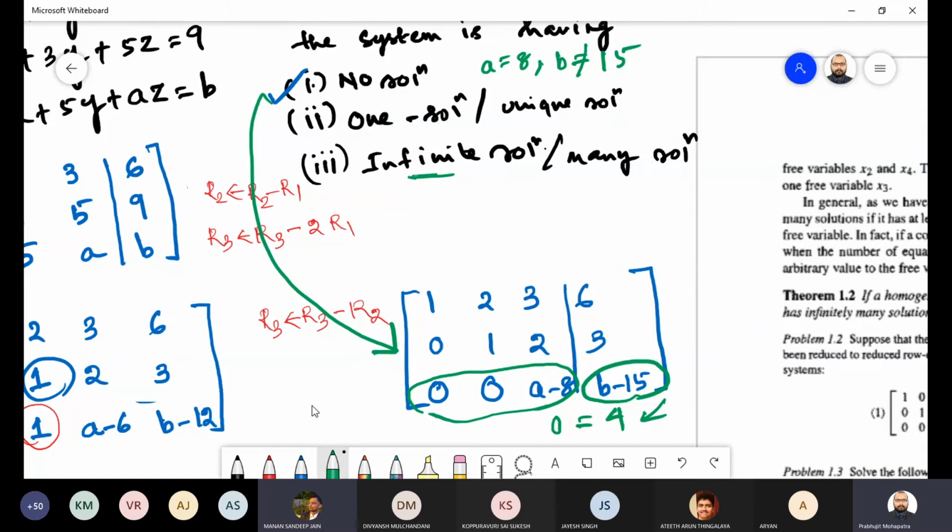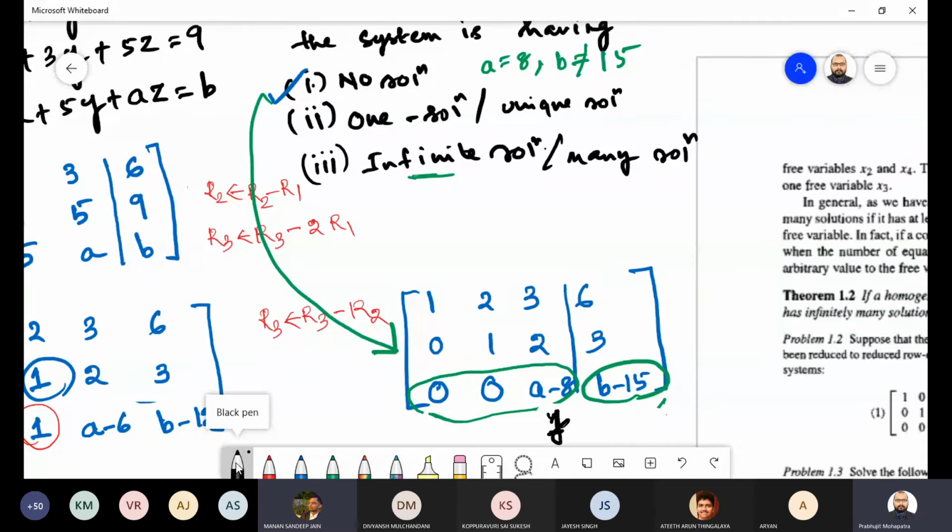Can we also write a not equal to 8 and b equal to 15? See, if a is not equal to 8, for example a is 9, then here you will have some 1, so 1 into y.